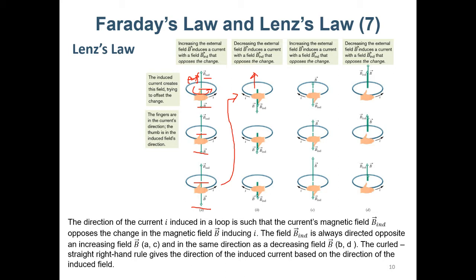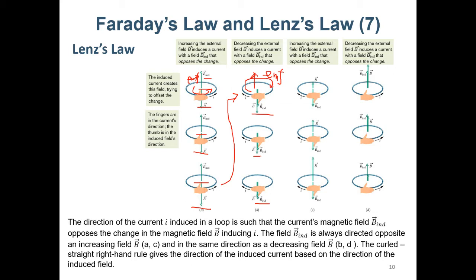So as long as this one is decreasing, the induced B field points downward. And as long as the induced B field points downward, using the right hand rule, the electromotive force is clockwise, and so is the current direction.